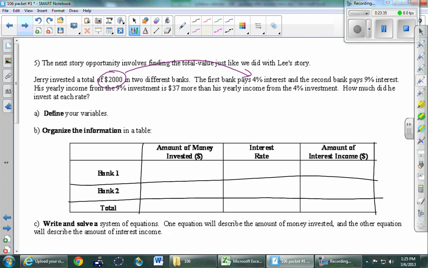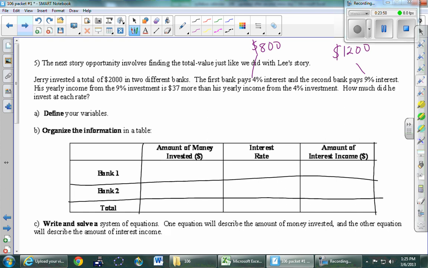So then you start to mix. And you say, okay, what if I decide that I'm going to, for example, I'll just pick a number. I'm going to put $800 into this one and how much into the other one? We have 2,000 total, so 1,200 in the other one, right? We're just divvying up the same 2,000 every time. We could find how much interest we got at 4%.